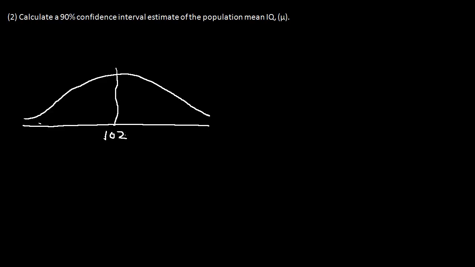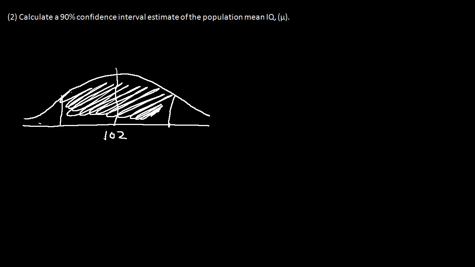We're supposing the mean is 102, and this time the 90% confidence interval estimate covers all the means within this region, and this time it's 90%. So in other words, this is 5% and this is 5%.